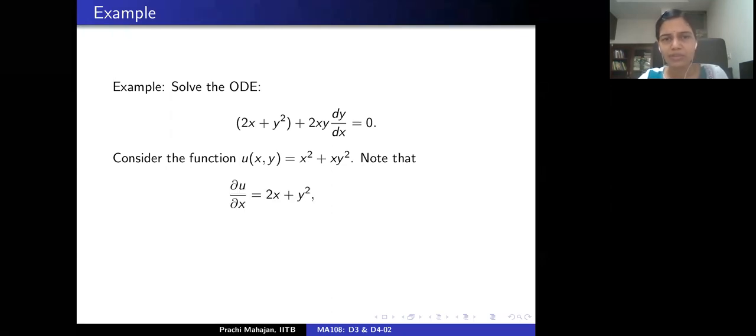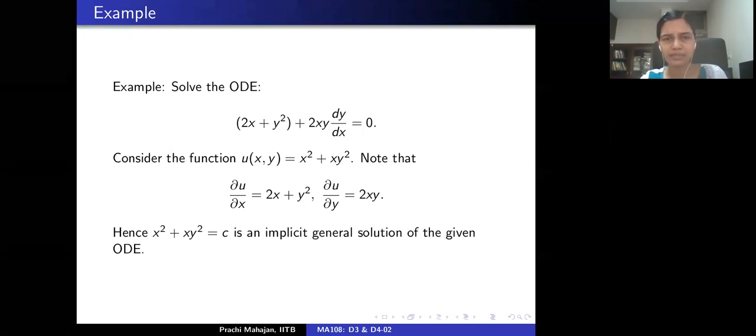The partial of u with respect to x is exactly the coefficient of dx, and the partial of u with respect to y is exactly the coefficient of dy, which is what an exact ODE demands, right? Which means that, by what we discussed just a few minutes ago, x squared plus xy squared equal to c is an implicit general solution of the given ODE. Correct? Is that okay?